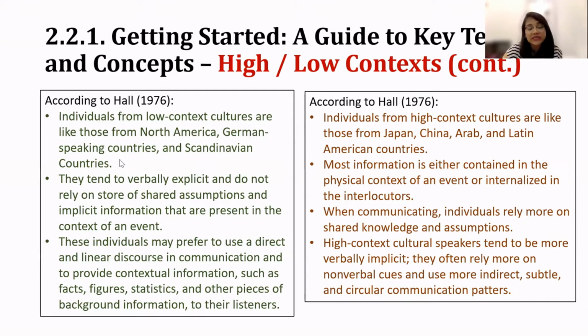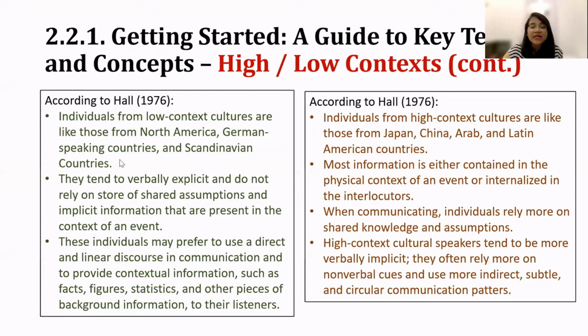Like the example that I just gave, it still depends on the person, the interlocutors, the context, the purpose, and many other factors. So we cannot just stick to these characteristics and ignore other factors that may influence people from a high context culture to communicate in a low context way, right?